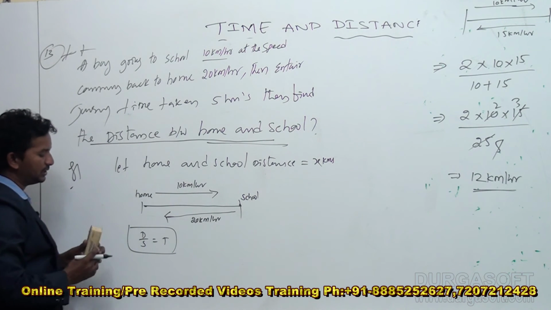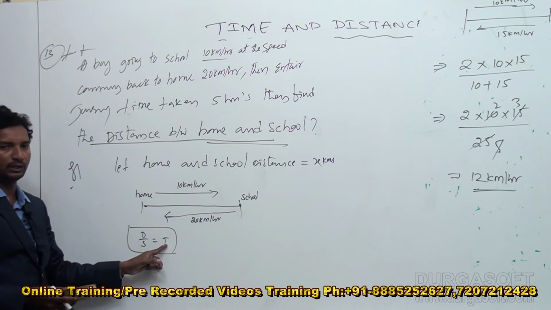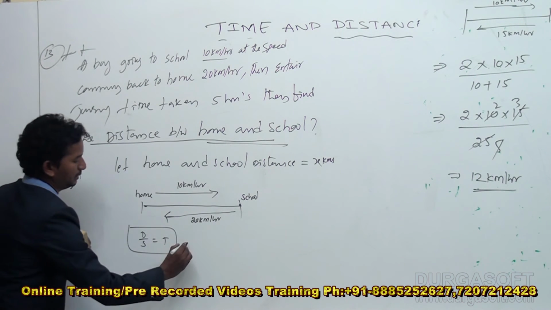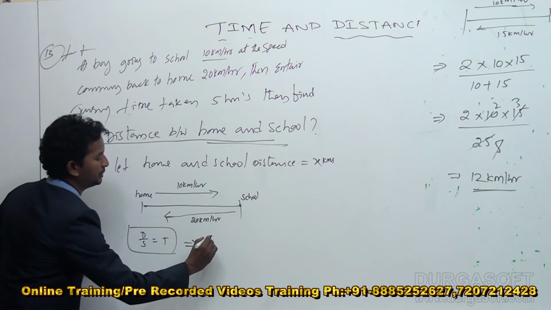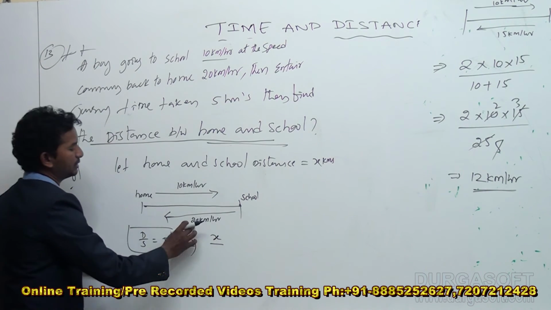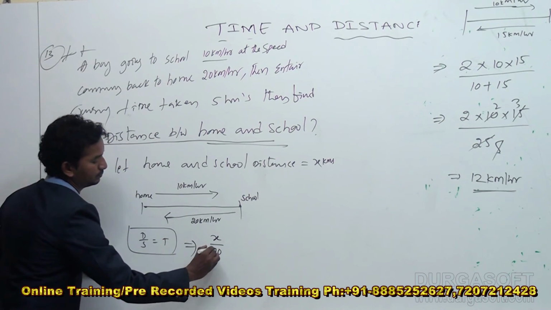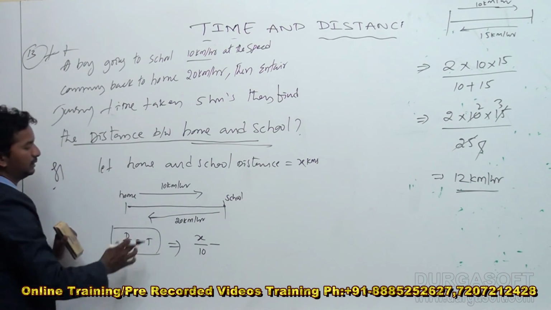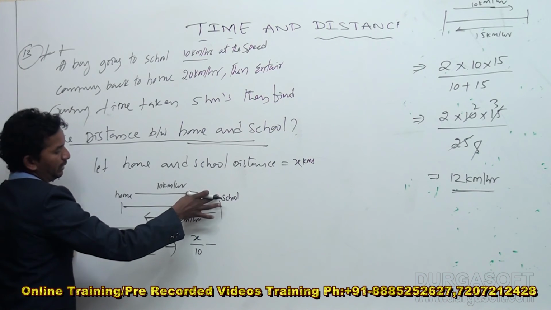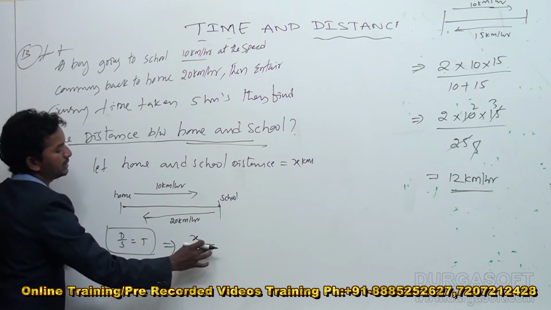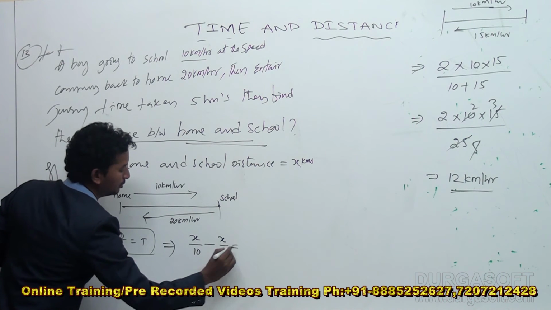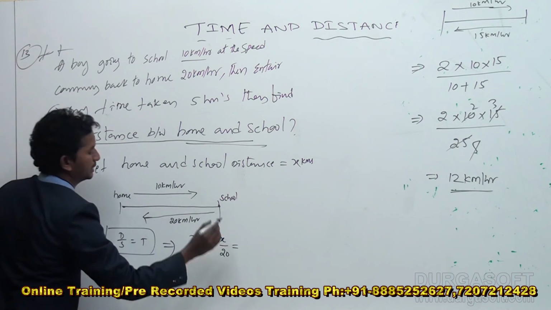The time is given, 5 hours. So the distance x by 10, plus again the same distance x by 20, is equal to the time, which is given as 5 hours.